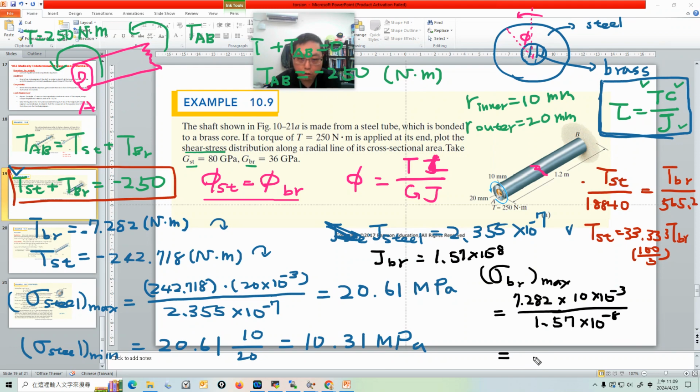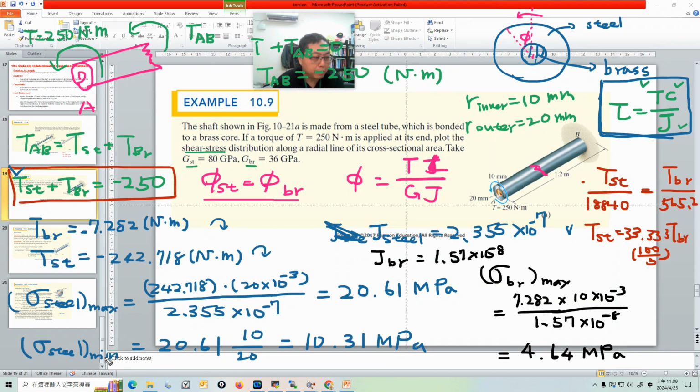Okay, so let's use a calculator. 7.282 times 10 divided by 1.57, times 10 to the power 5 divided by 10 to the power 6. It's about 4.64 megapascal. So the maximum shear stress in brass is about 4.6 megapascal.